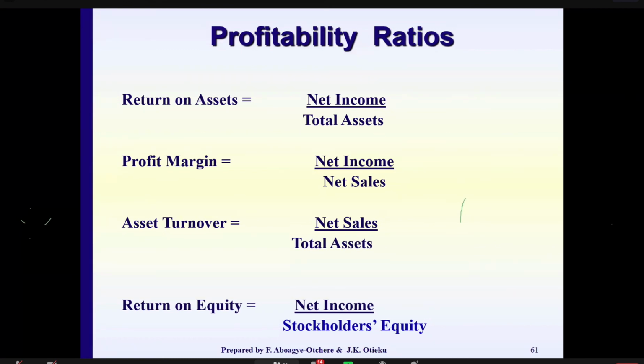So if we compute it and it is 5 times, as against an entity that is 2 times, then the entity that is able to use its assets to generate sales 5 times is considered more profitable because they are going to generate more sales and they can now cover their expenses.